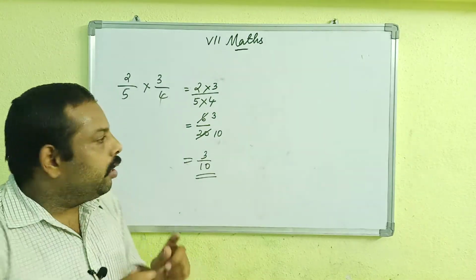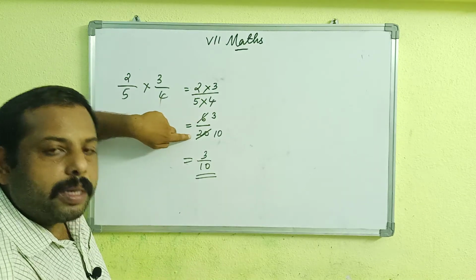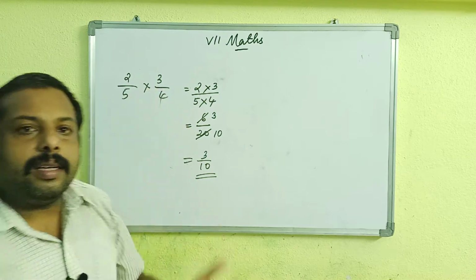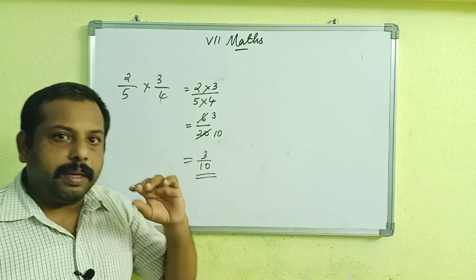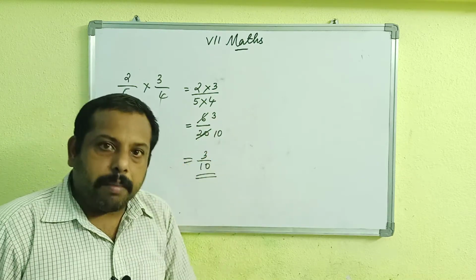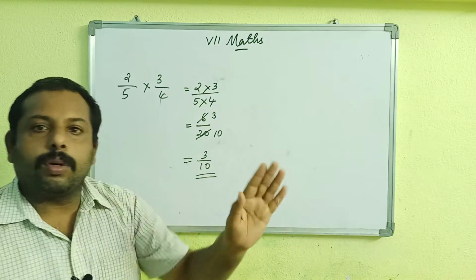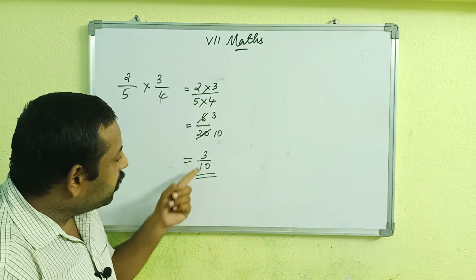Be very careful. Whenever you divide the numerator by 2, the denominator also should be divided by 2. We can't divide numerator and denominator by different numbers. If you can divide both numerator and denominator by the same number, you proceed. Otherwise, don't simplify. In this case, you can't simplify 3 by 10 further.